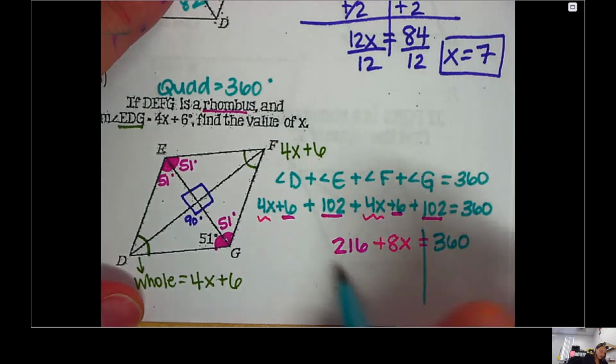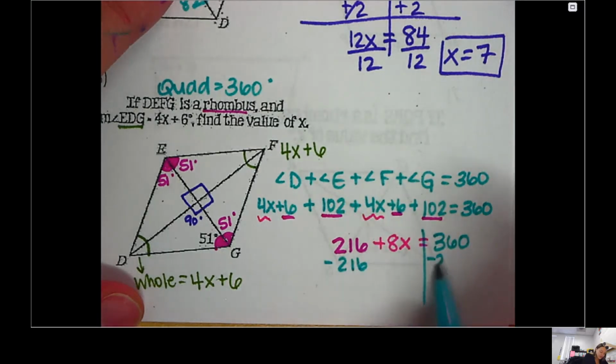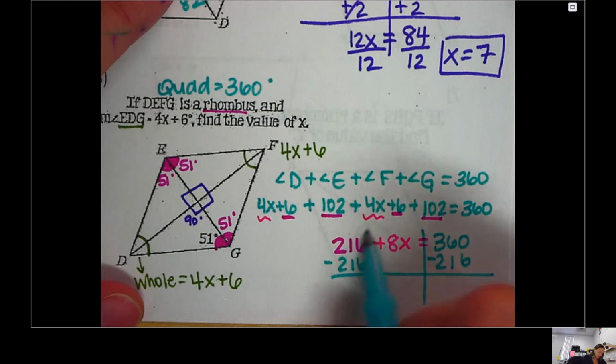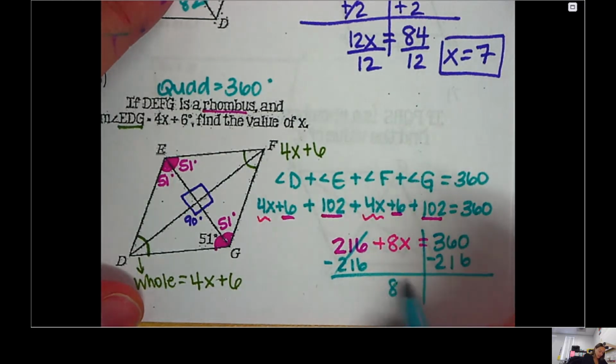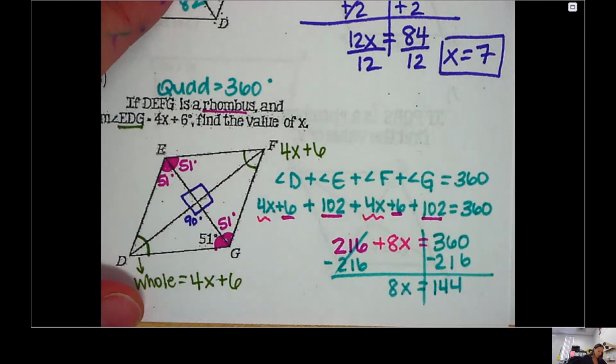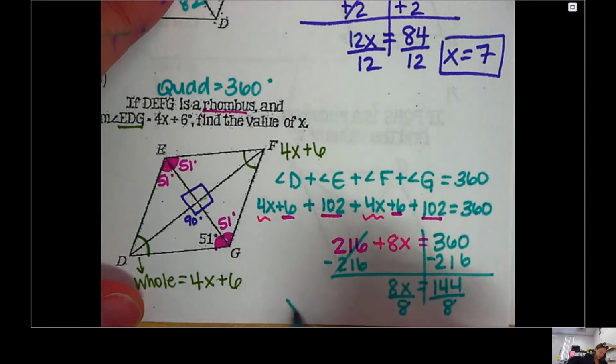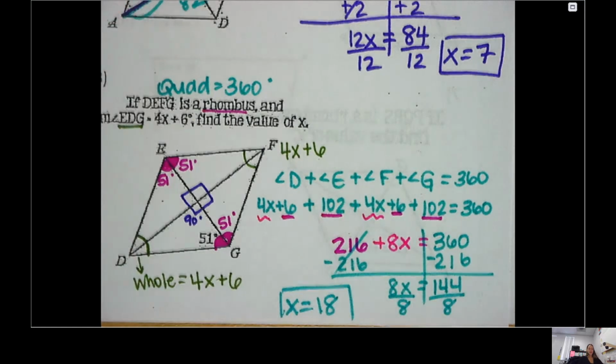And then subtract 216 from both sides. 8x equals 144. And then divide both sides by 8. I get x equals 18. And there we go, I'm finished with the problem.